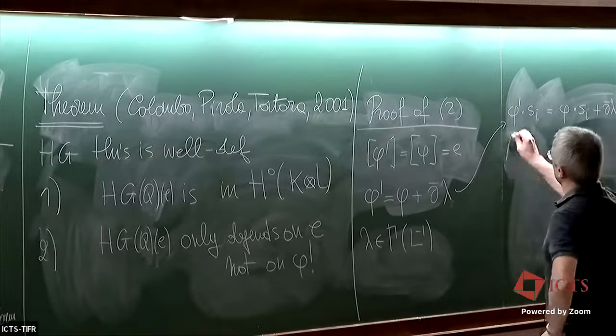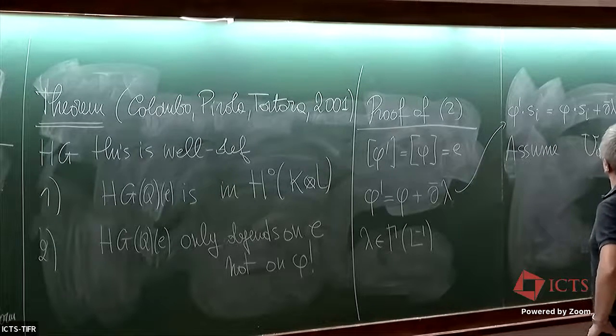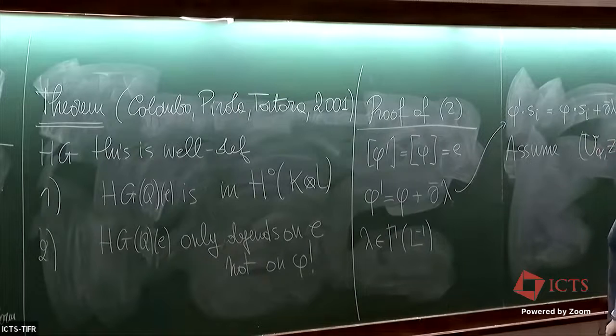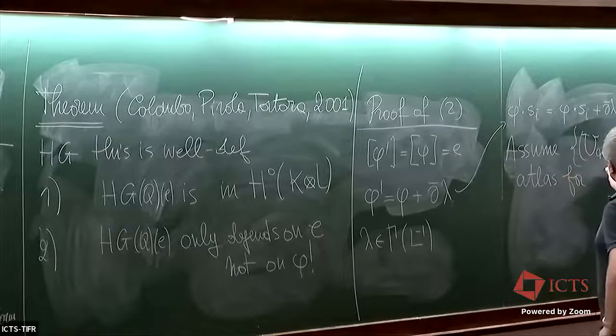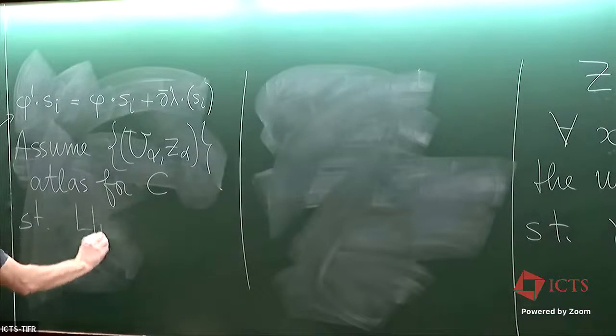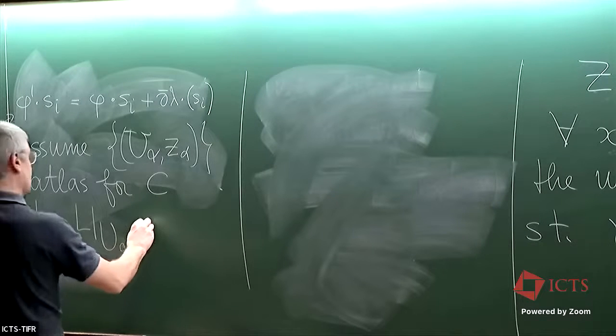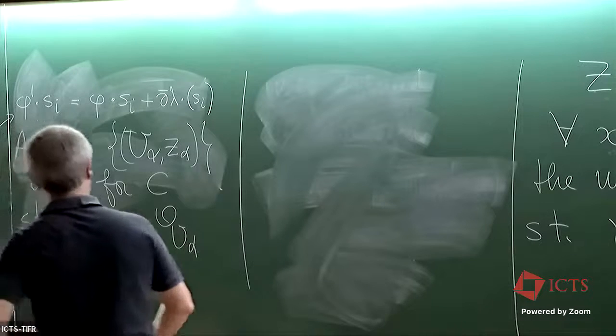So for example, assume that we have a fixed atlas for C, such that the bundle also trivializes on the U alpha.